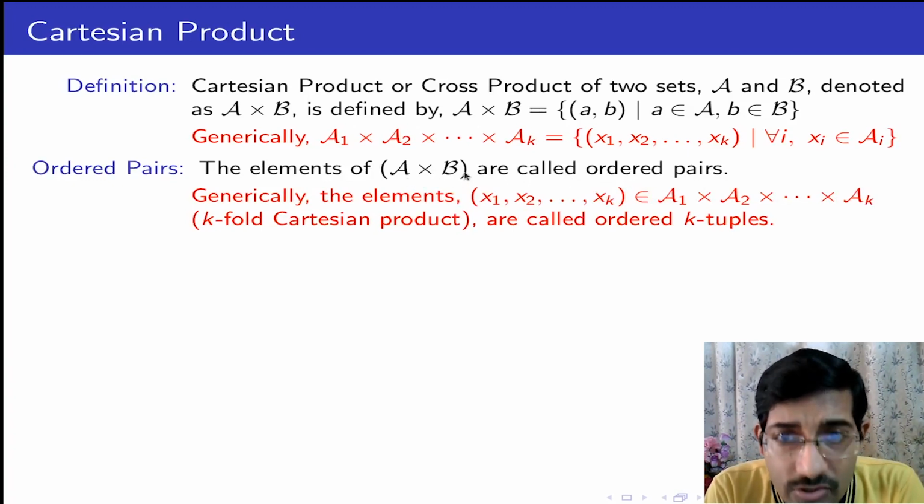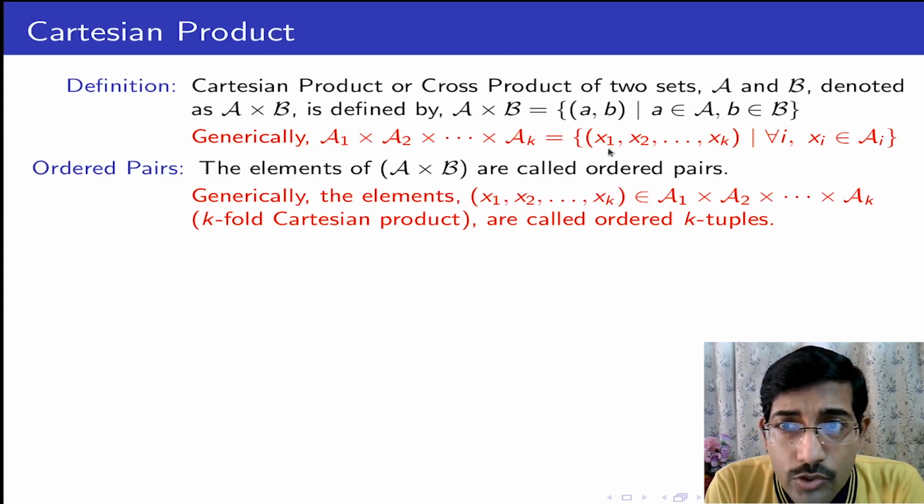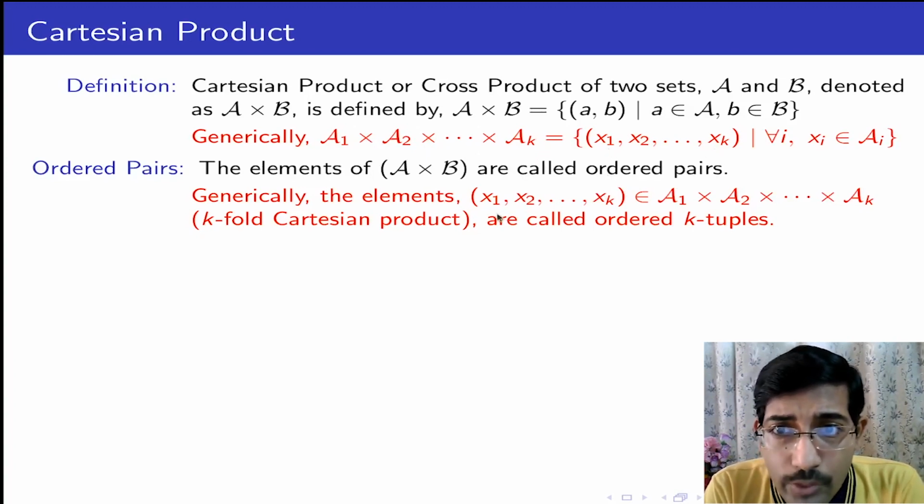If there are three sets for which we are taking a cross product, we call it a triple. And when we take a cross product of k sets, each element in that cross product has k elements, each from an individual set: x1 belongs to A1, x2 belongs to A2 and so on. We call this an ordered tuple.